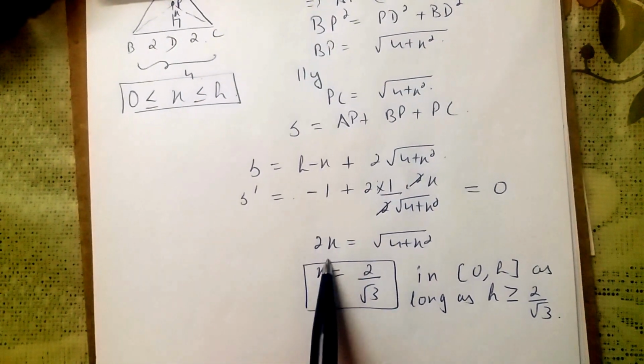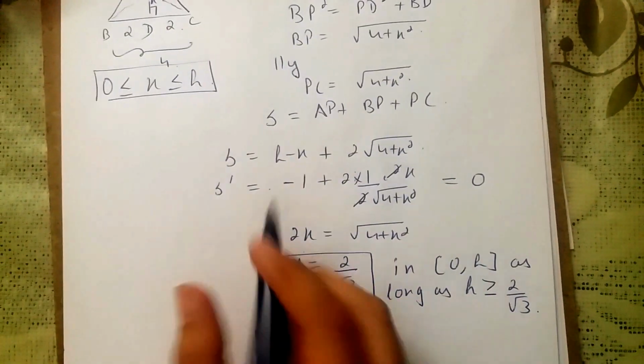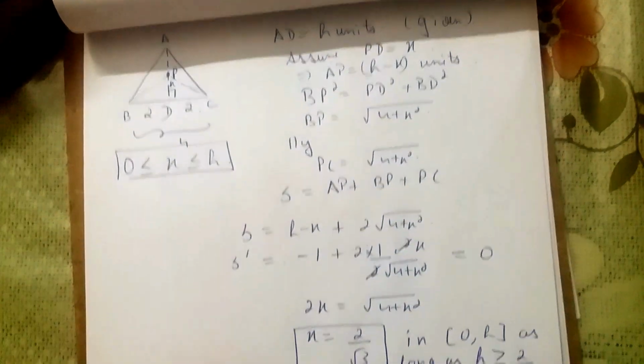And also the position of point P is independent of h, which is the height of the altitude. Let's write it.